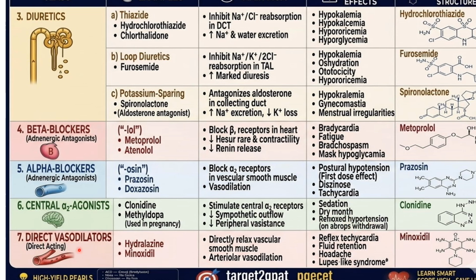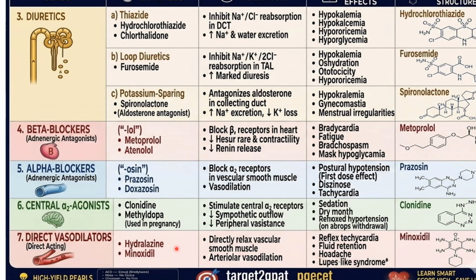And coming to the D in A, B, C, D, here is direct vasodilators, directly acting. These directly acting vasodilators directly act on the vascular smooth muscle and cause a relaxation effect, or what we call the vasodilatory effect.